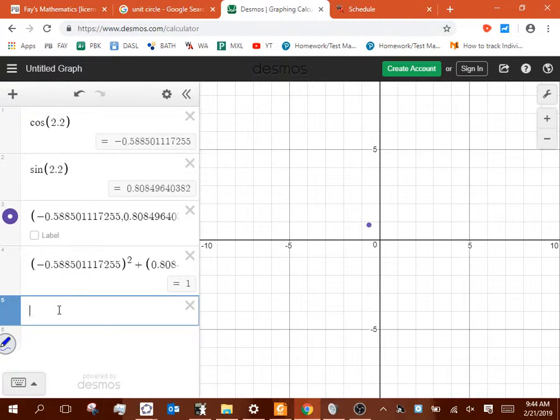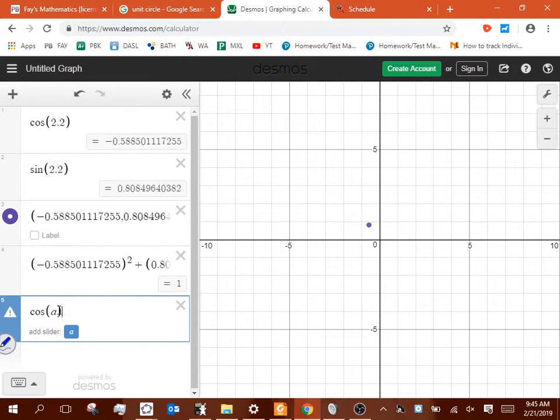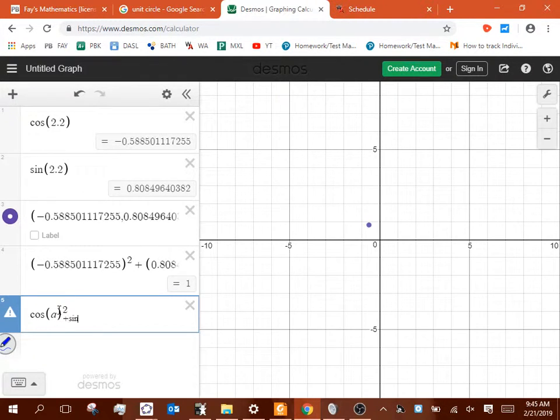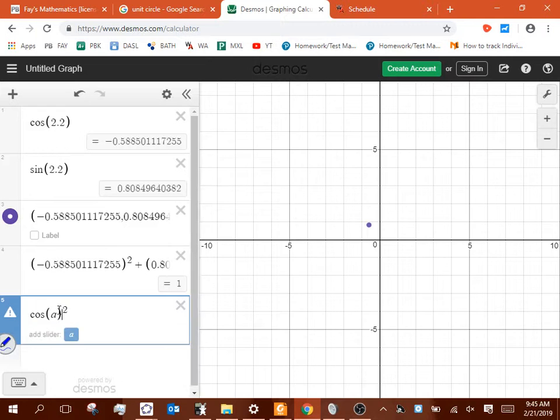Now, think about the unit circle. The nice thing about the unit circle is that I could actually take cosine of anything, square it, add to it the sine of anything, and square it. Okay, so add a slider.